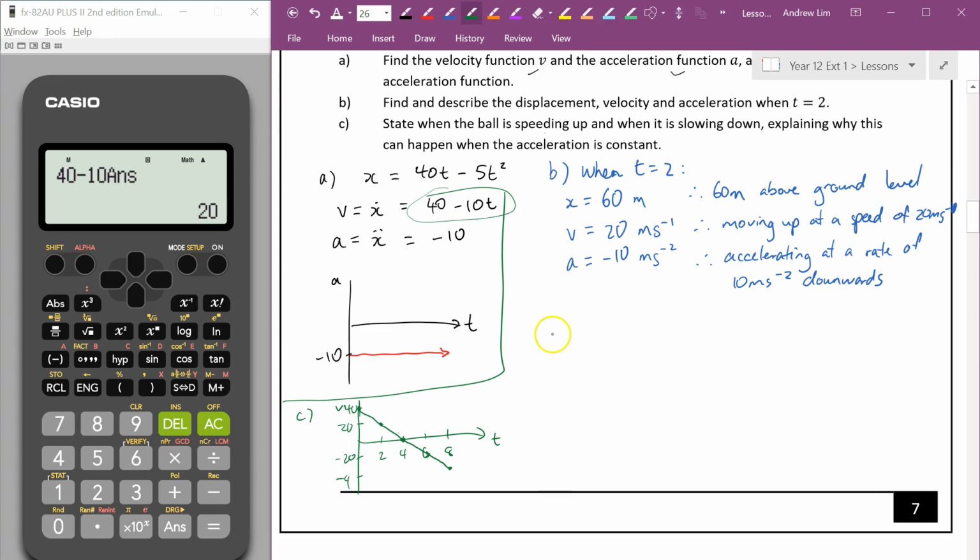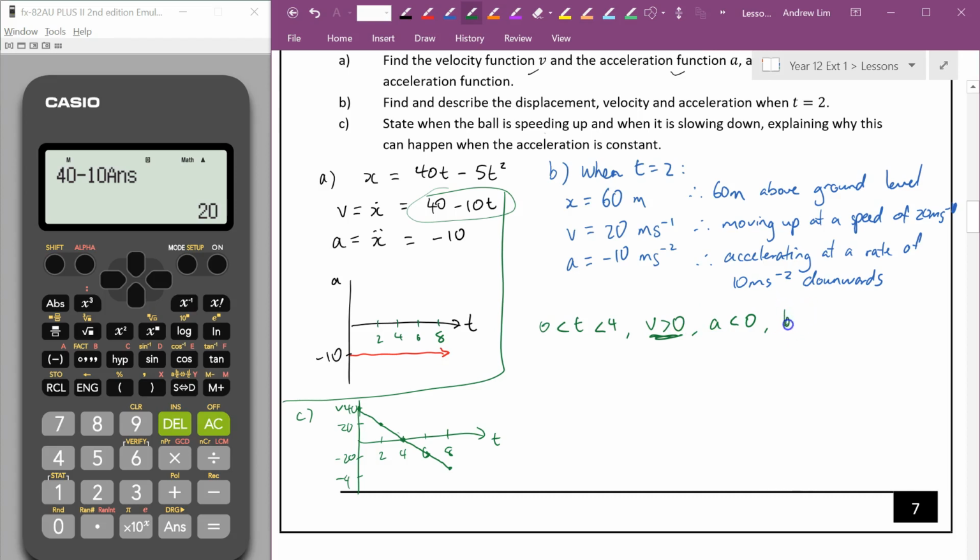So for question C, we can see here that between 0 and 4, the velocity is greater than 0. And maybe we can do that over here as well, 2, 4, 6, and 8. Between 0 and 4, the acceleration is minus 10. Acceleration is negative. Because they're opposite, it's going up because velocity is positive.